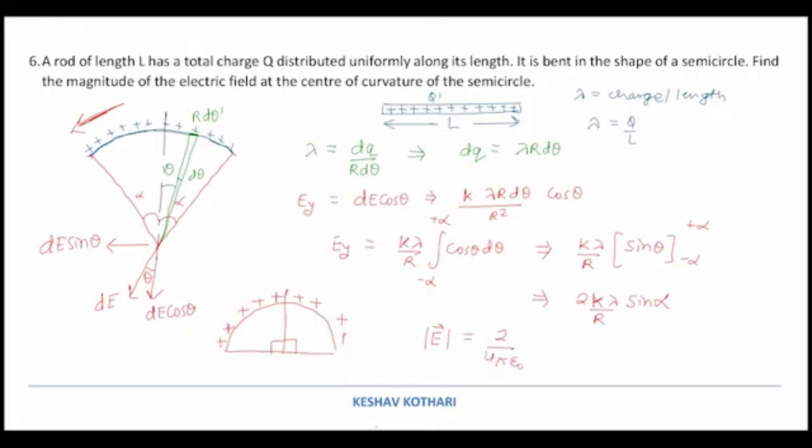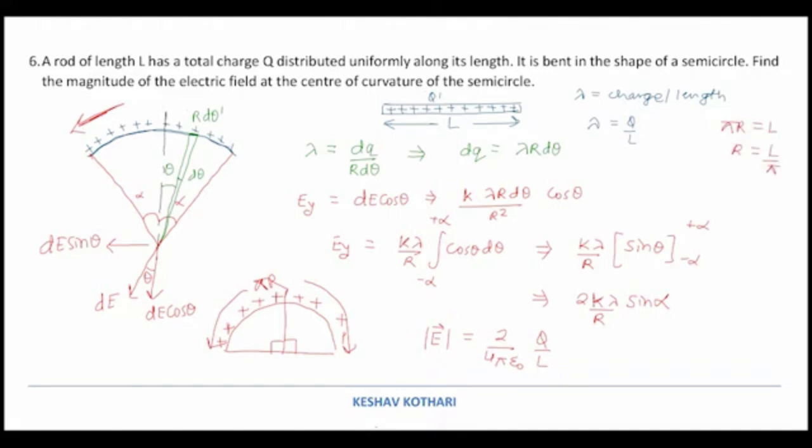Now we are putting lambda as charge per unit length, that is q by L. The next thing is to put the value of radius. So what is going to be radius? The total arc length is going to become equal to pi r, and pi r is equal to L. So r can be written as L by pi.